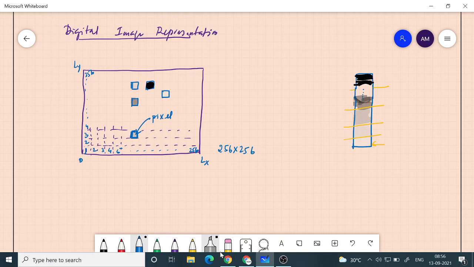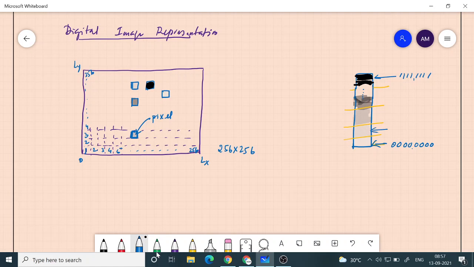The code that I am assigning for this one is 00000000, an 8-bit code, all zeros, and here I am assigning all 8 bits as 1.